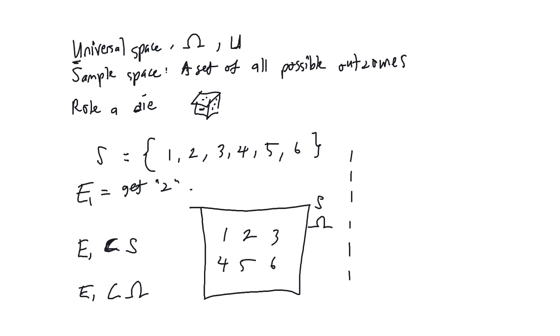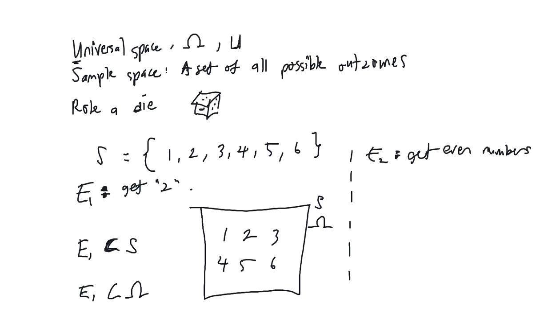So let's define event number 2: getting an even number. So E2 is getting even numbers. E1 should not be the equal symbol.